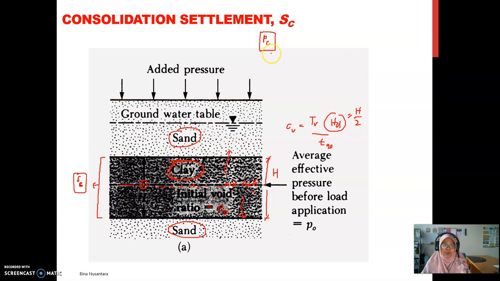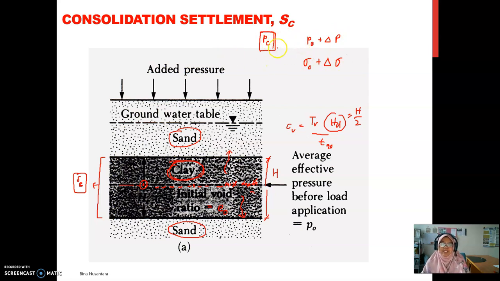The soil will remember the magnitude. When we compare this P sub C to the current P naught, or stress naught, together with the additional stress from the building design, we can define the consolidation types.